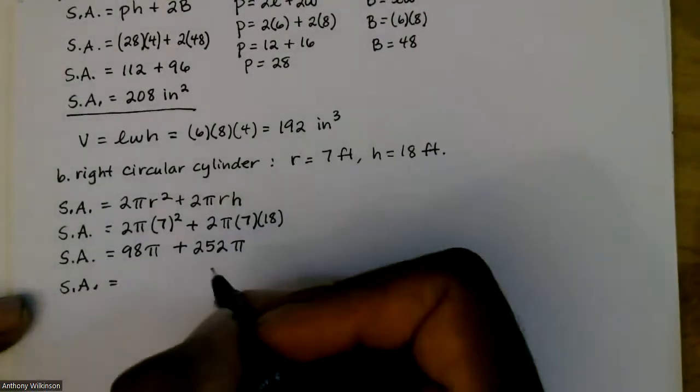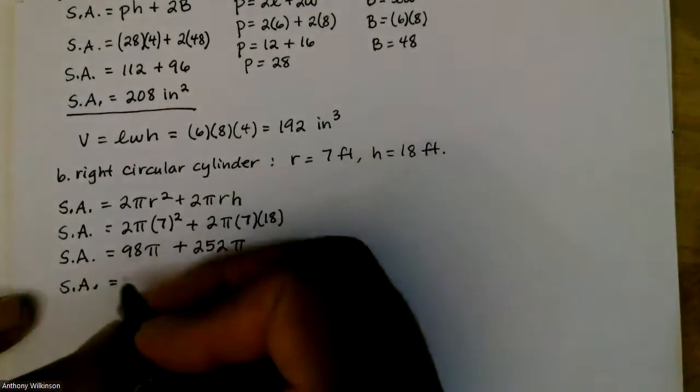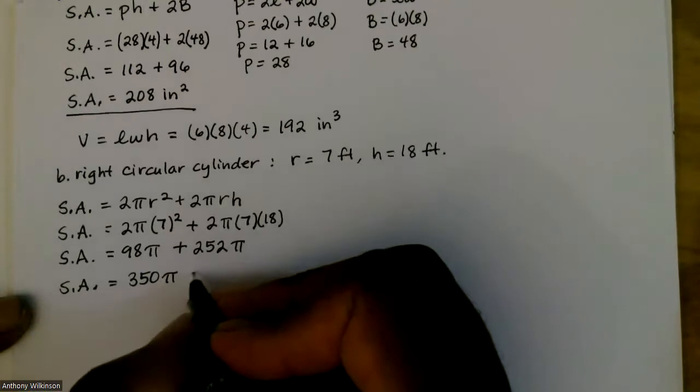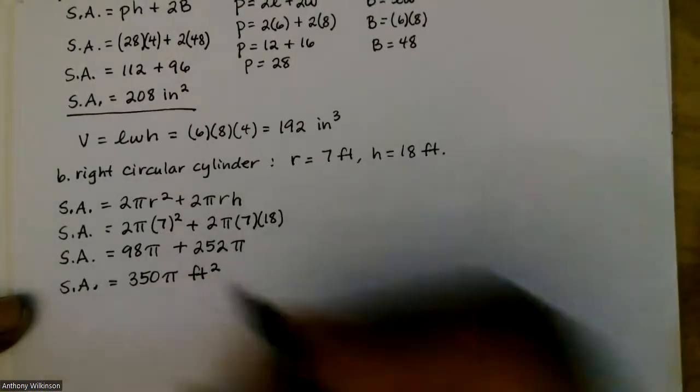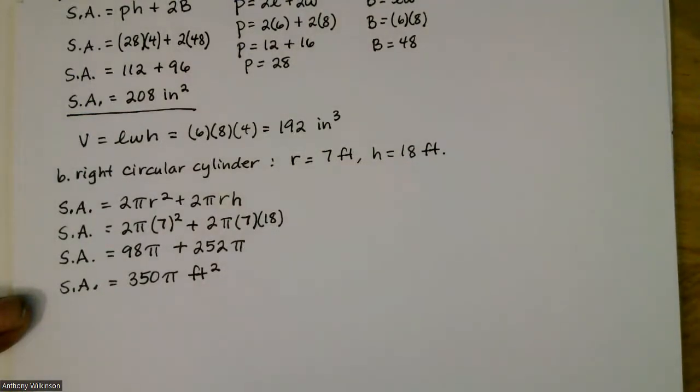So 98 plus 252 will give me 350 pi. Okay. 350 pi, and this is in square feet. Square feet.